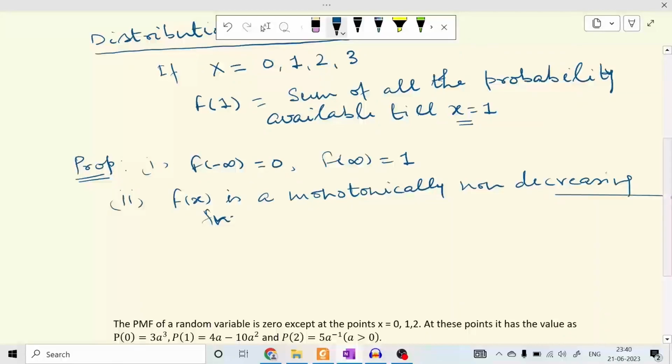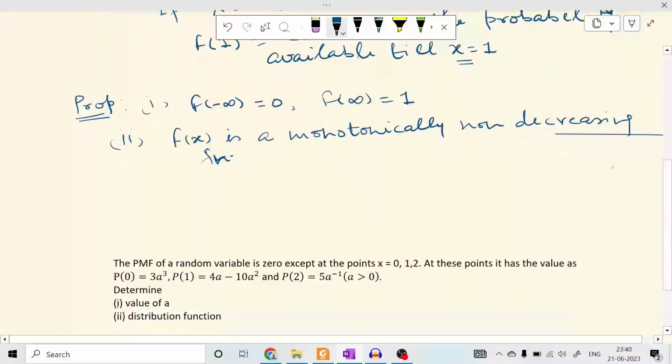So this is what we mean by the distribution function, and these are certain properties of the distribution function.